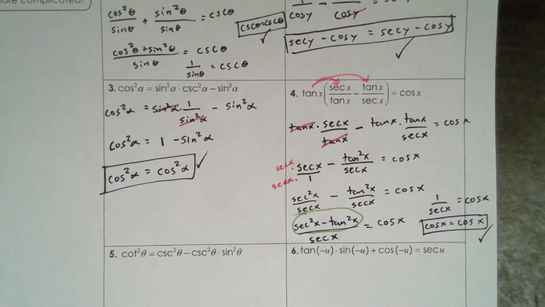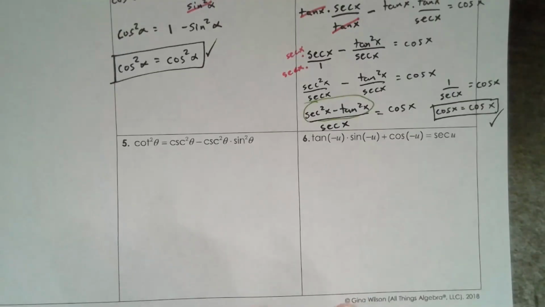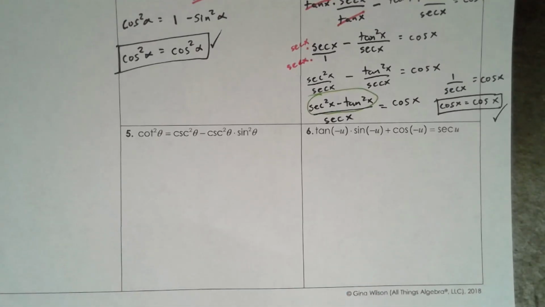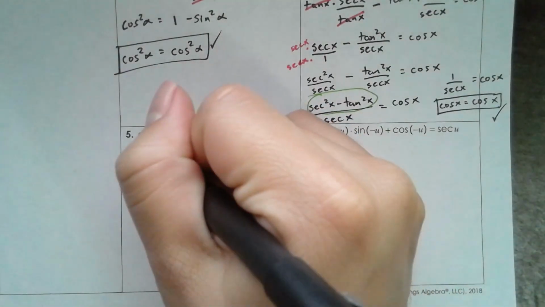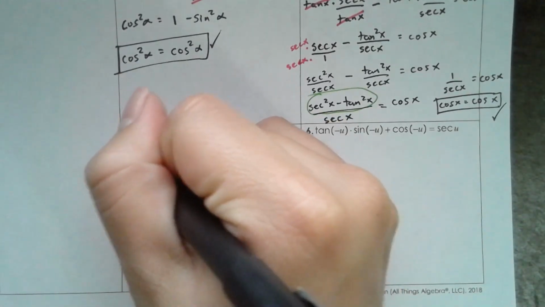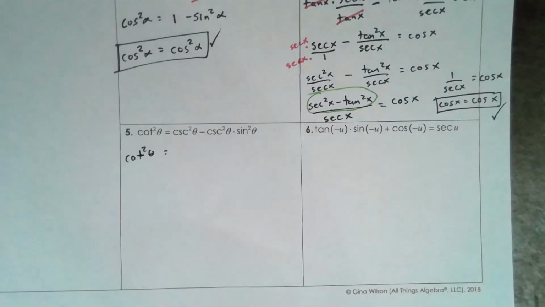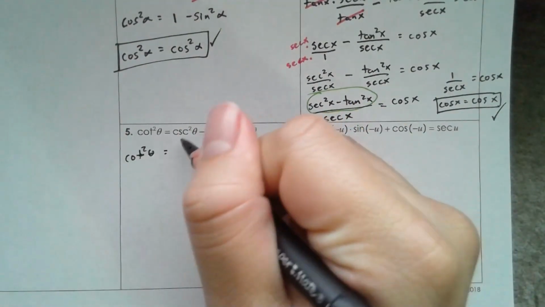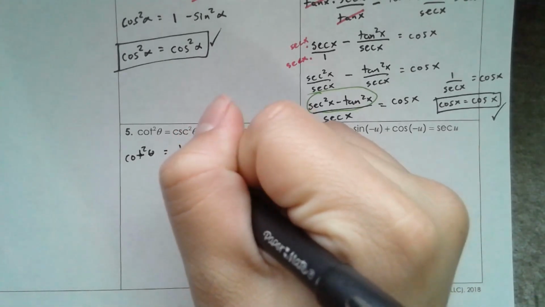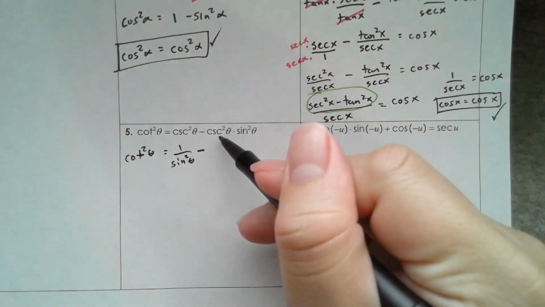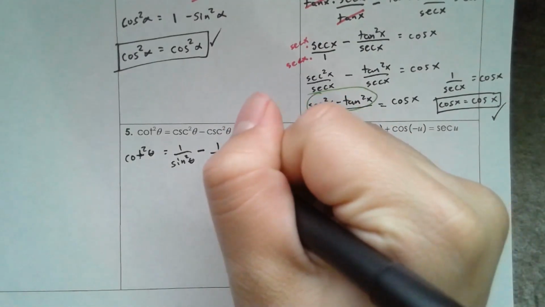Number 5, I have cotangent squared theta is equal to cosecant squared theta minus cosecant squared theta times sine squared theta. I'm going to work with the right side. That's the more complicated one. So then cotangent squared theta should be equal to, by the reciprocal identity, cosecant squared theta is 1 over sine squared theta, minus, again, 1 over sine squared theta times sine squared theta.